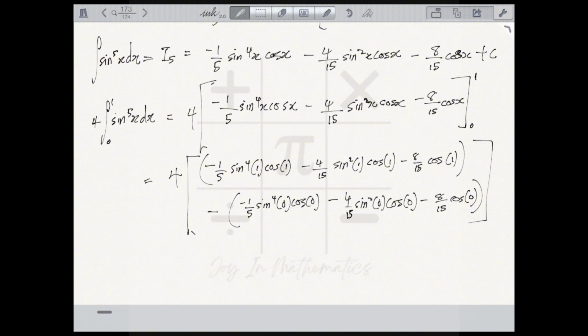Now we know that cos 0 is equal to 1 and sine 0 is equal to 0. Therefore, this nullifies to give 0, likewise this. So when we apply this into the calculator, our final answer will be 0.356.